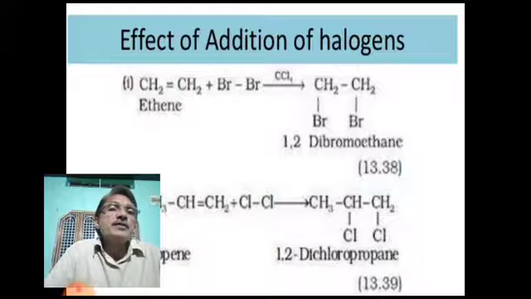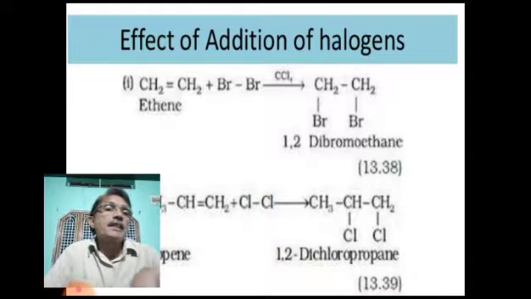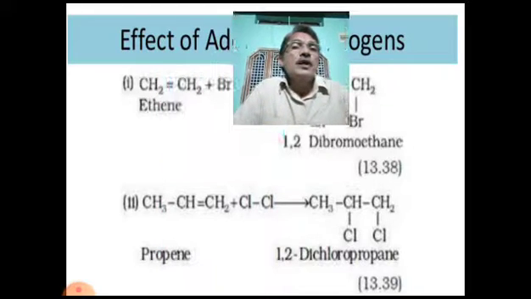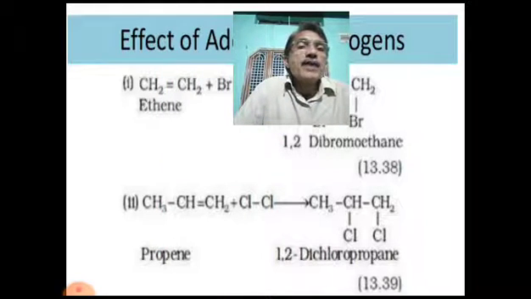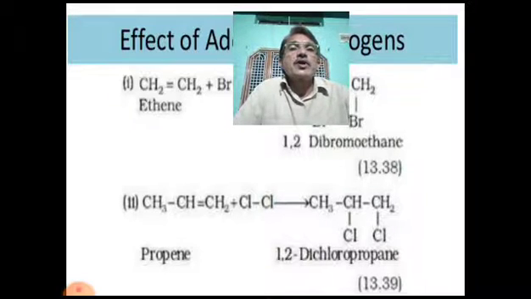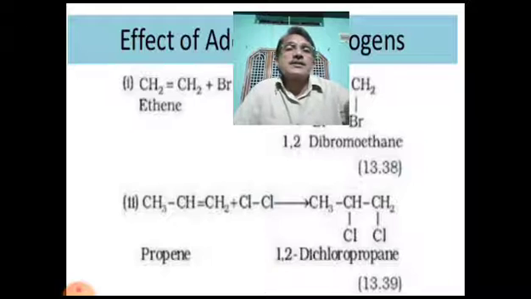In this reaction, the red color of bromine is discharged due to the formation of colorless 1,2-dibromoethane. When propene reacts with chlorine, it gives 1,2-dichloropropane. So this is also an example of addition of halogens.